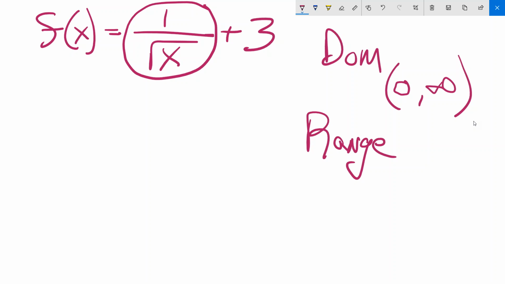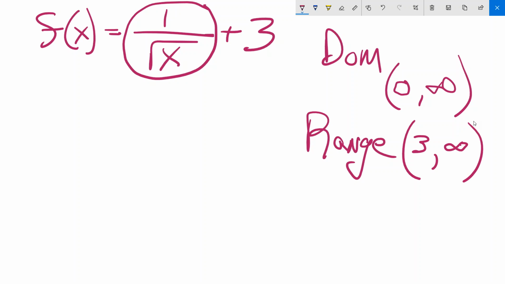It'd be close to 0. So the minimum value that this thing can possibly have, because this thing that I've circled can never be negative, it can only be positive, and it can approach 0. So the range is 3 to infinity.